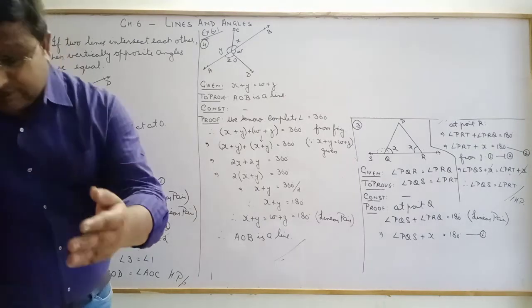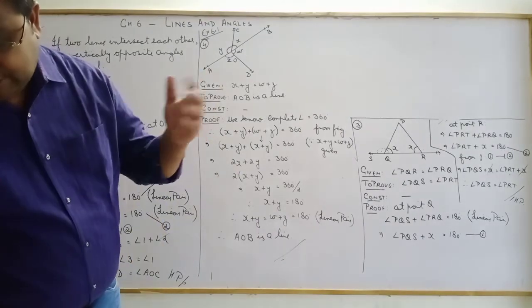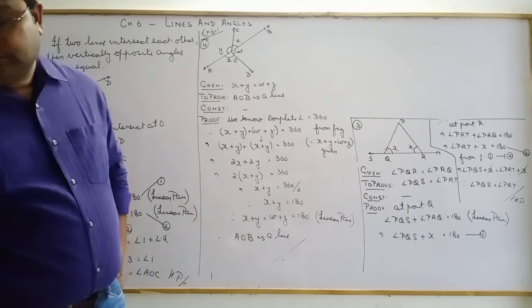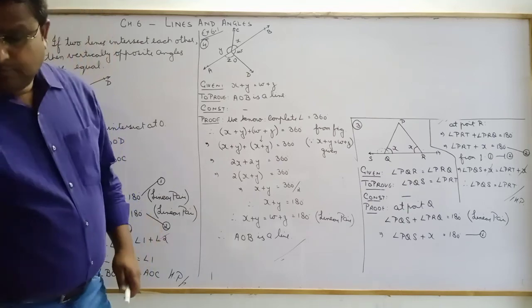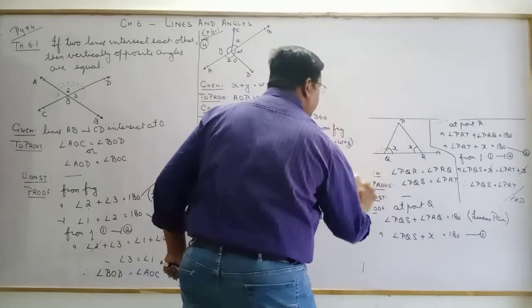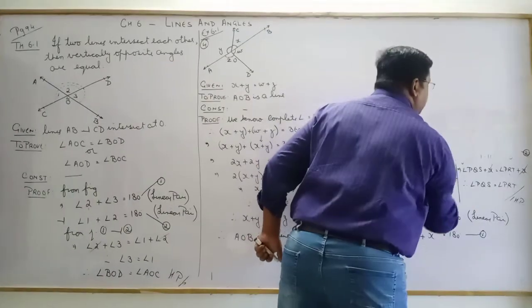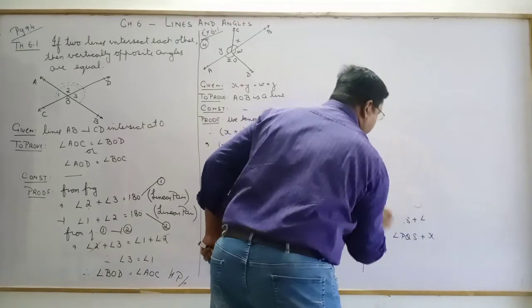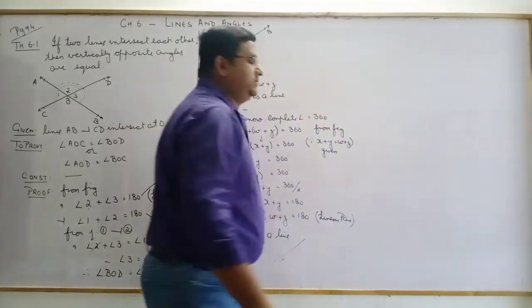Take a look at question number 3rd. Sorry, we have discussed 3rd, 4th. Take a look at question number 2nd. Again, a figure is given to you. You just have to observe, students. You don't have to do anything else.